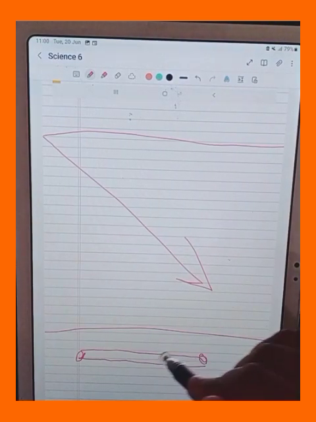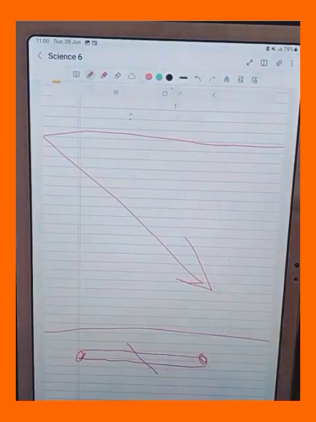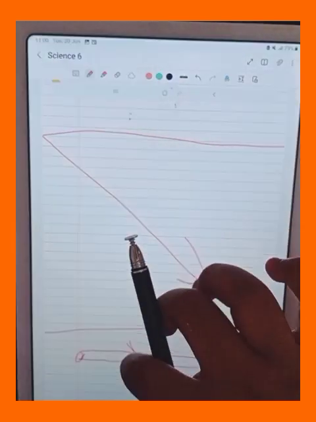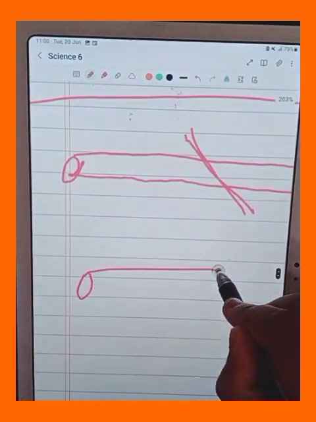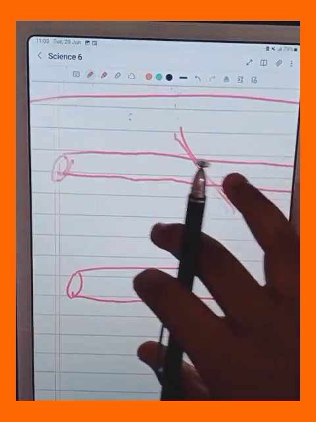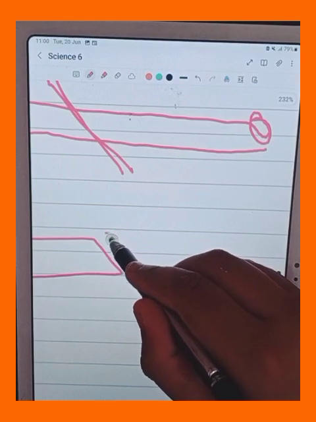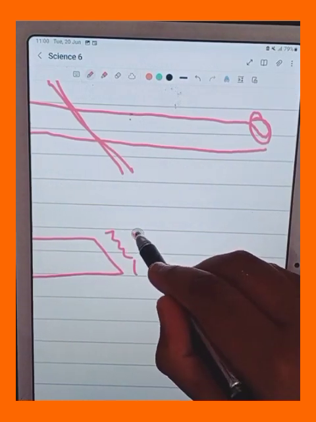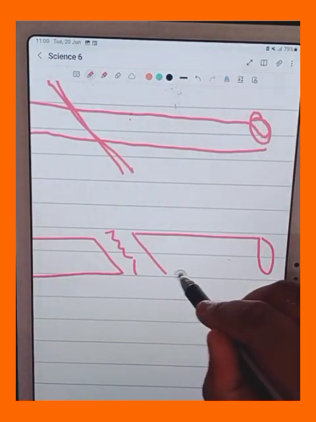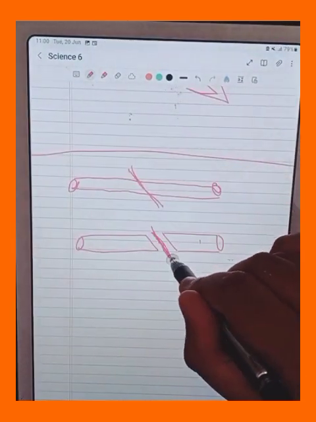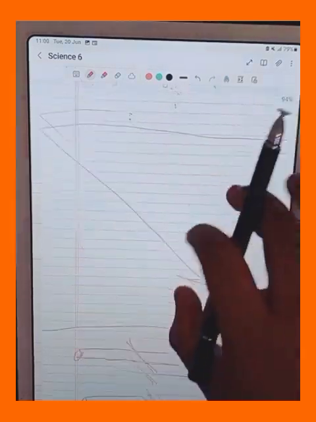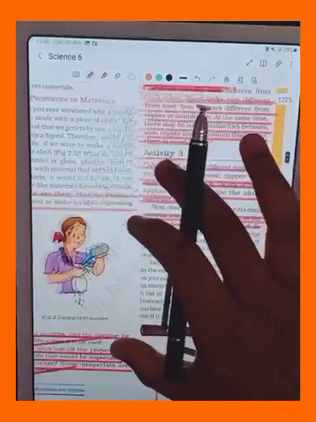Yes, and now cut with a cutter. Cut like this. It would look like this. Yes, it is cutting. So that is what it's trying to say.